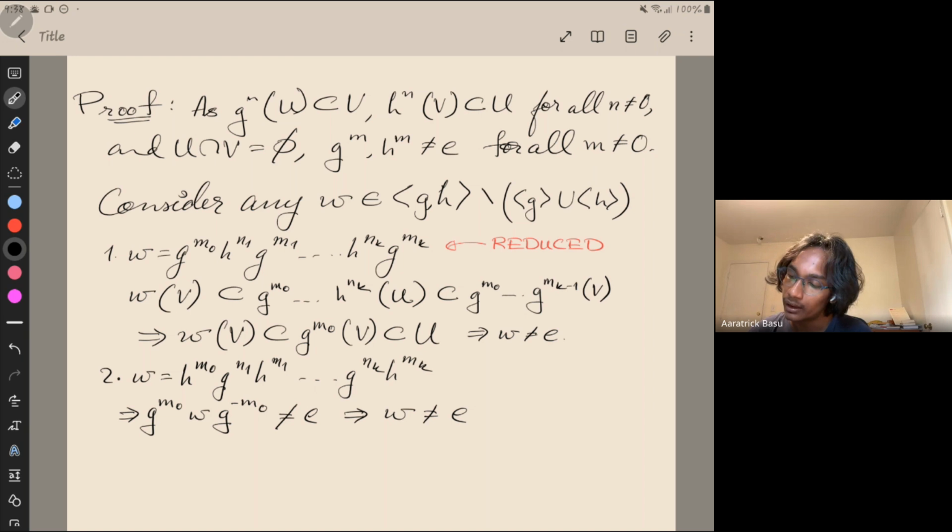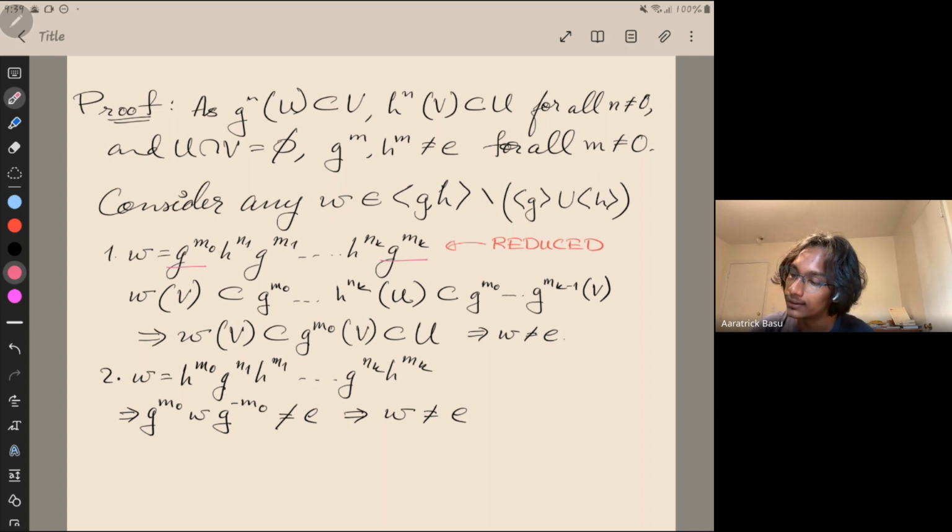Now you look at any arbitrary word W in your subgroup generated by G and H. For simplicity, because we've already dealt with G to the N and H to the N, we can assume that this word is not just some power of G or some power of H. So there are 4 cases. Suppose you have a word which starts and ends with G. What do I mean by reduced here?